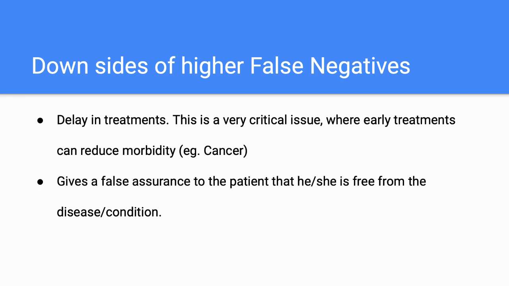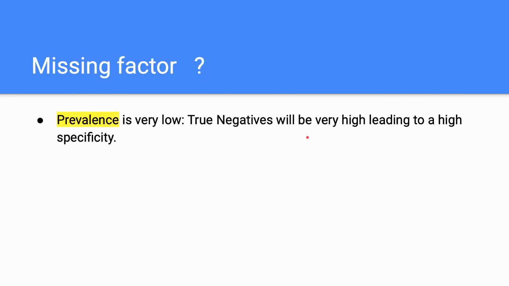In this case, the person is carefree, which gives a very false assurance to the patient, and as a result, the patient is denied early treatment. For diseases like cancer, and I strongly think COVID-19 also, the patient will benefit a lot from early treatment. So having higher false negatives is bad.